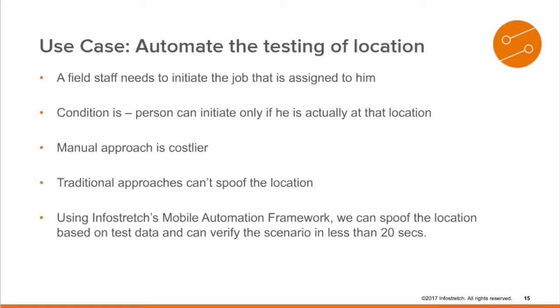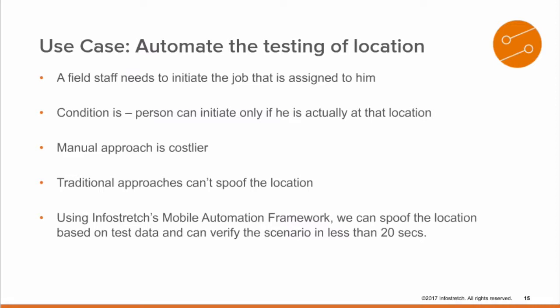Now, to test it manually would mean that you need to have a way of trying out different methods of geofencing in a real location, which can get really complex when you do it manually, right? And you cannot spoof locations very easily.